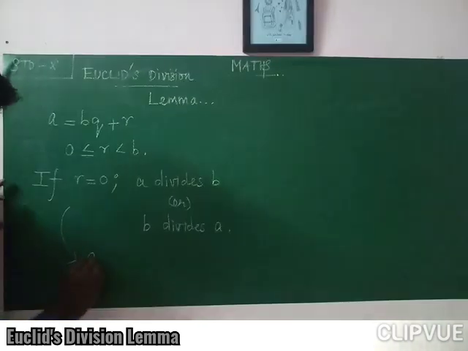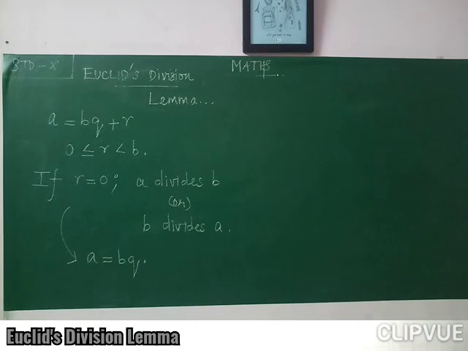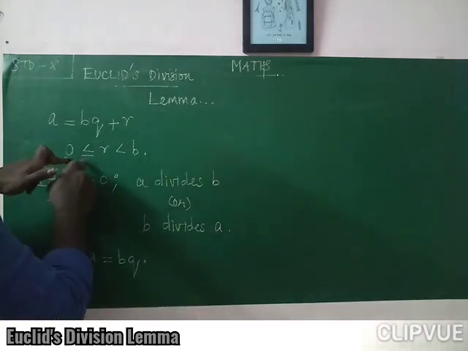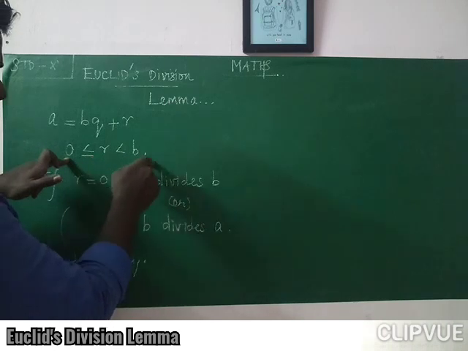If r equals 0, it can be written as a equals bq. And one more important thing: 0 is less than or equal to r, and r is less than b.